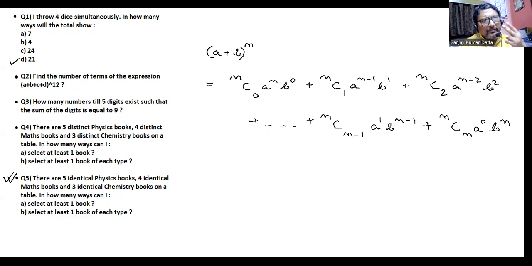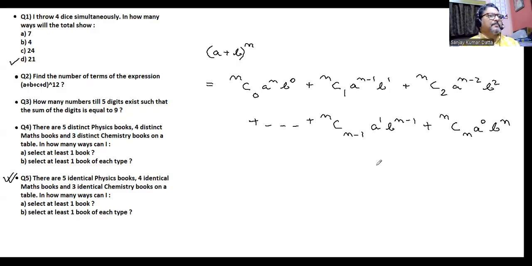If there are two variables and the power is n, you will say there will be n plus 1 terms. Because you see what has happened. It started from 0, then 1, 2, 3, 4, and so on, up to n minus 1, n. So it has gone from 0 to n. So that's totally n plus 1 terms. So that is the first observation.